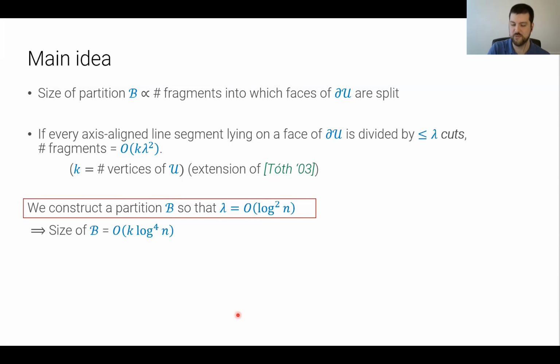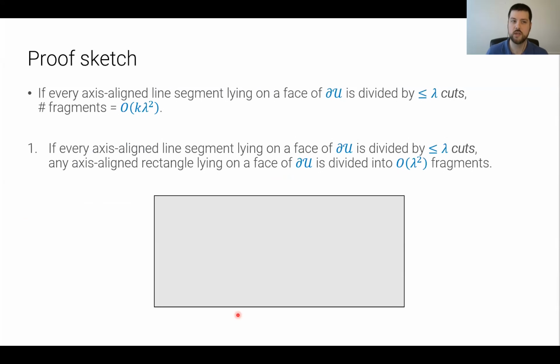So before we move on to the details of the algorithm, I'd like to give some intuition behind this extension from Toth. So the first step is to generalize from segments to how many times a rectangle is being divided. If the segment is being divided lambda times, we'll show that a rectangle on the boundary is only being divided into lambda squared fragments.